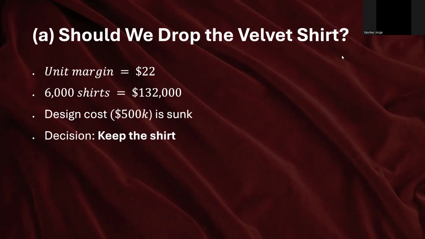Basically, each shirt adds $22 in our margin, and we can sell 6,000, so the total profit we can gain is $132,000. If we remove it, we lose that amount.